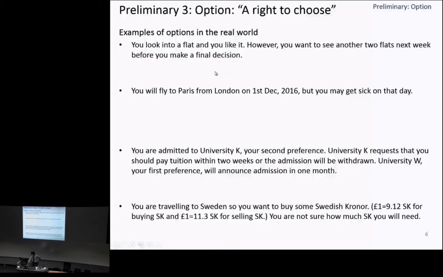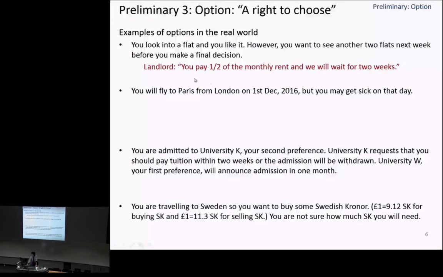So you have a dilemma, but no problem. Most of the time, landlords offer the following option. They say, okay, you pay half the monthly rent, and we will wait for you for 2 weeks. We will reserve the property for you for the next 2 weeks. So in this case, this half the rent is the price of the option for you to come back and sign the tenancy contract.